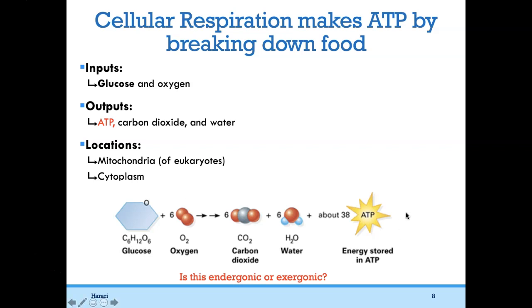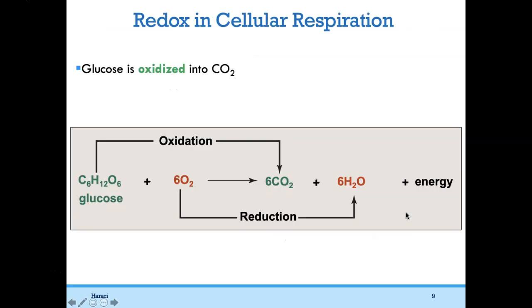It is oxidation. This leads me into the next slide, because cellular respiration, just like photosynthesis, is a redox reaction. Something is getting oxidized, something is getting reduced. Specifically, glucose is being oxidized into CO2. Remember what oxidation means: the loss of electrons, which means the loss of hydrogens.